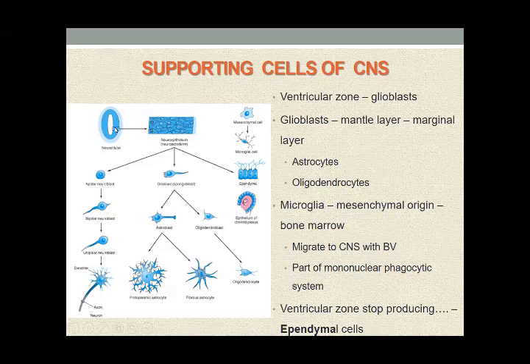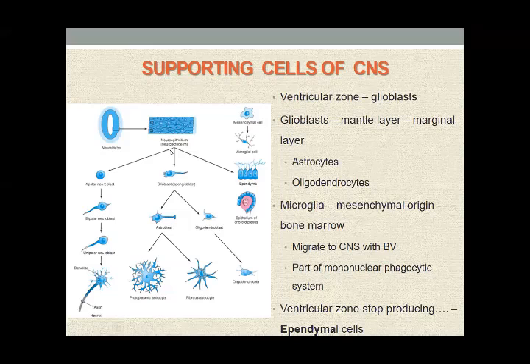This glioblast moves out into the mantle layer. अब इन ग्लायोब्लास्ट का फेट क्या होता है? इसी न्यूरोएपिथेलियम में, लाइनिंग द वेंट्रिकुलर जोन, हमने 3 टाइप्स ऑफ सेल्स बताए थे, न्यूरोब्लास्ट, ग्लायोब्लास्ट एंड ओलिगोडेंड्रोब्लास्ट. Now let's do the fate of the glioblasts.